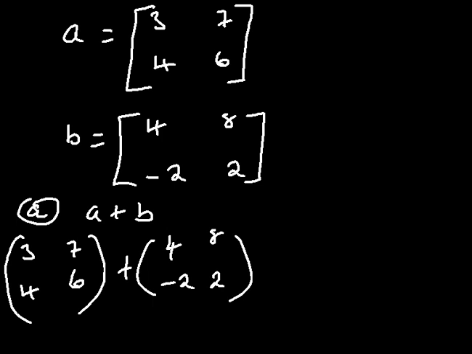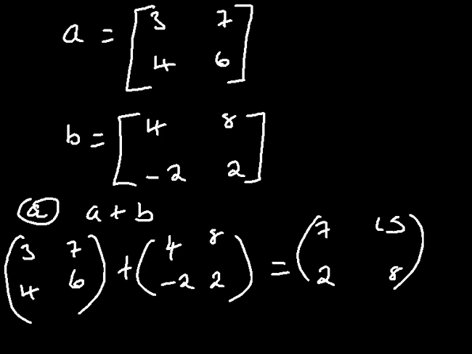This is the same as having 3 plus 4, that is 7, and 4 plus negative 2, we have positive 2, and 7 plus 8, that is 15, and 6 plus 2, that is 8. So this is how we can have it.